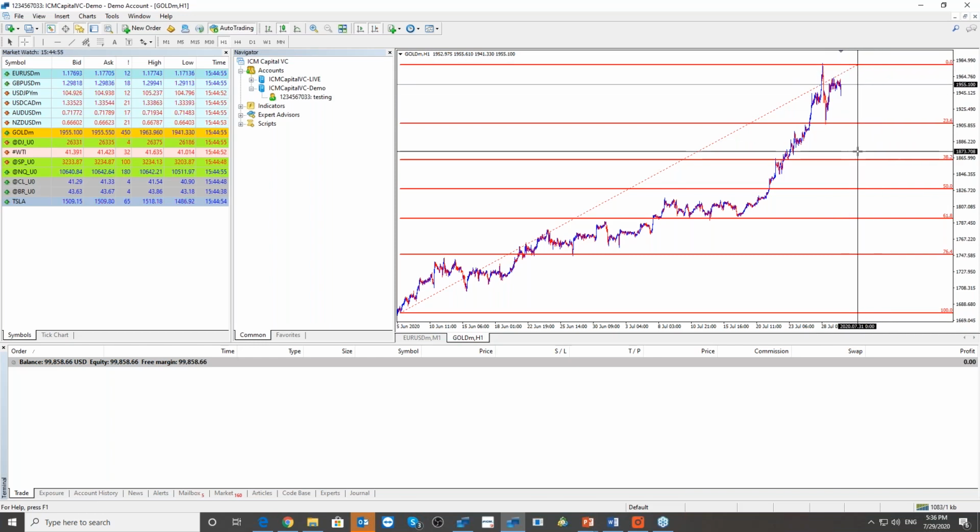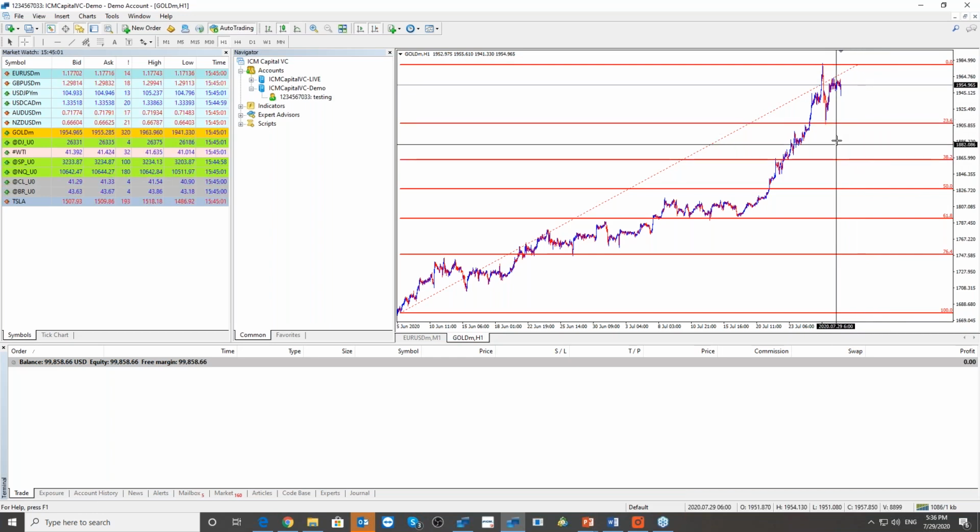So the next level that you can look for is 1865. If we were able to trade back below 1910, these could be the correction levels if you are awaiting a correction, maybe to join the trend, or you are holding some short positions and looking for targets on the downside. So these are the key levels to be highlighted on gold: 1865, 1910. On the upside, definitely we have yesterday's high, 1980, the 2000 psychological level, and 2050, 2060, which is almost around the 123.6 Fibonacci extension.